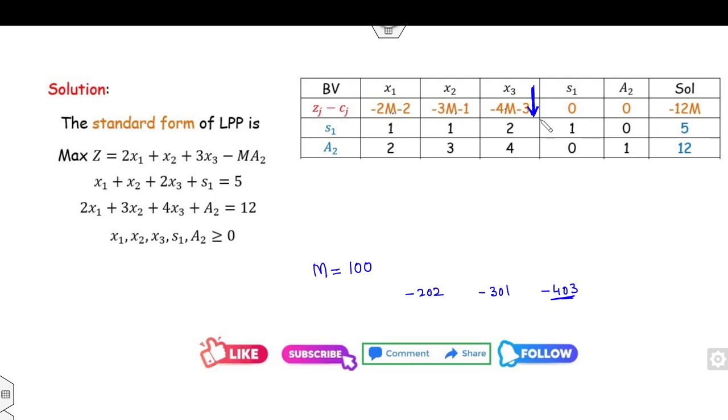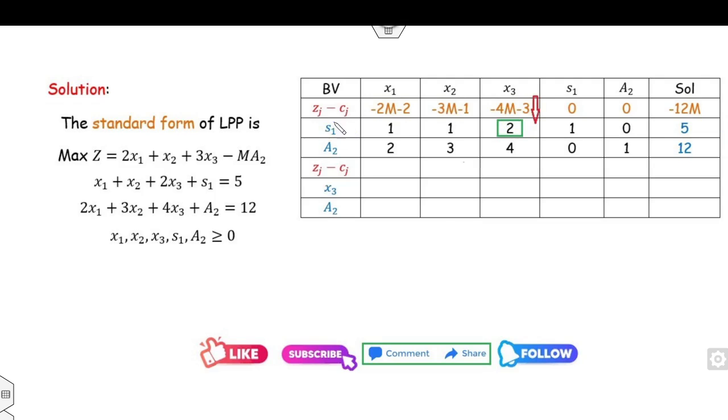Find the ratio. 5 divided by 2 is 2.5, and 12 divided by 4 is 3. So the minimum value is for s1. So the box element is 2. So I can delete s1 and replace it by x3.